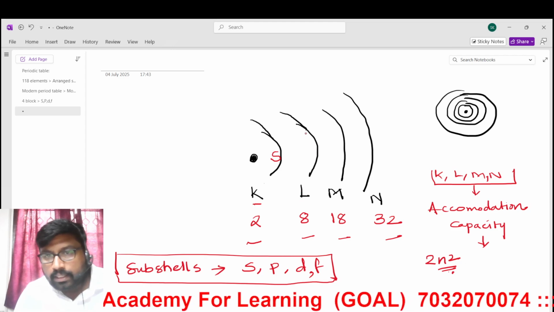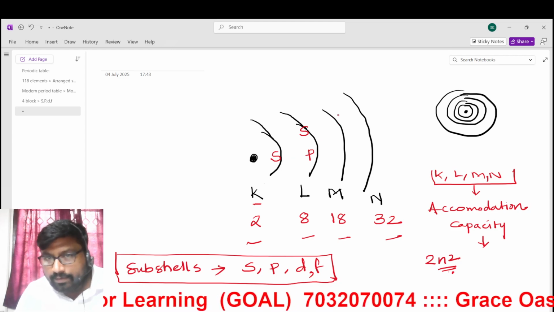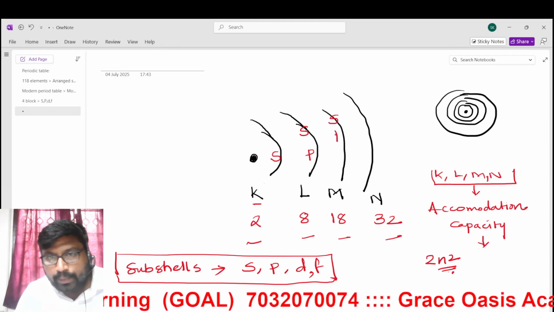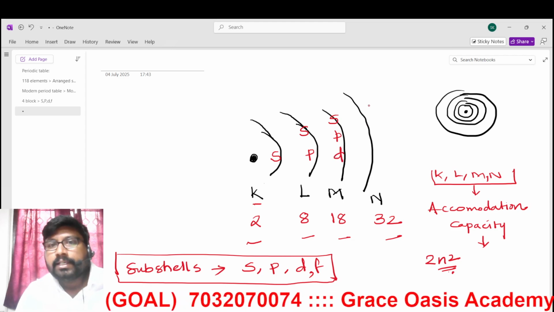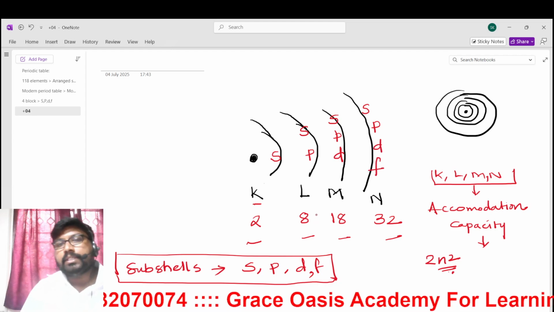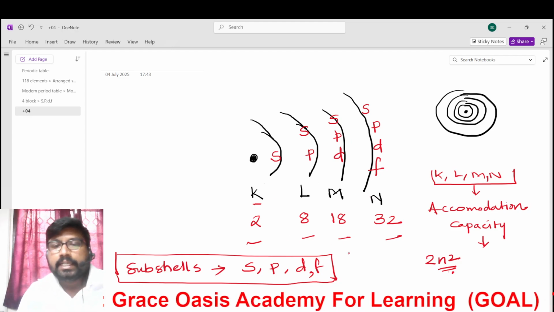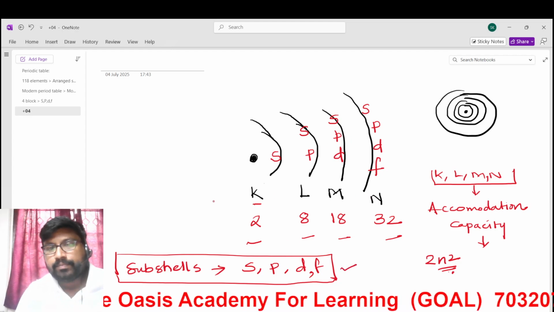L is a shell, and here we'll have S and P. In M we'll have S, P, and D subshells. In N we'll have S, P, D, and F subshells. So for each and every shell, we have some subshells, denoted by S, P, D, and F.